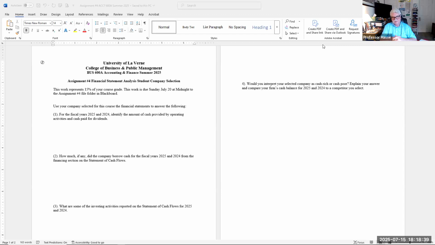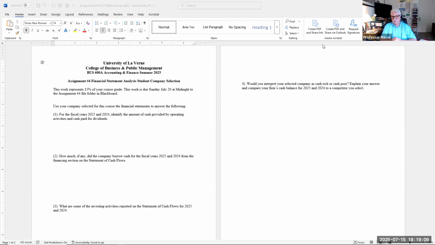You can go to that database in the library, look up your company, and go directly to the financial statements and find the statement of cash flows for 25 and 24. That's one way of getting the data. Second area, and also for a competitor: in the D&B Hoovers database, they list the competitors of the company, and you can pick one. Number 2, you could go to the company's website called Investor Relations and get their latest financial data.